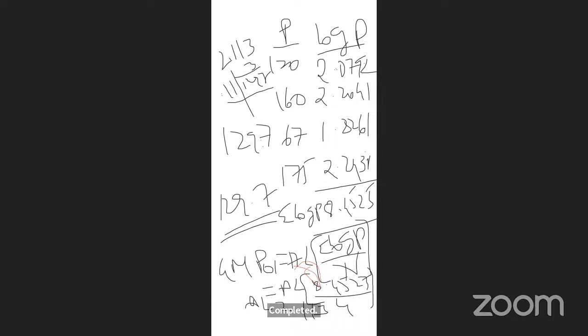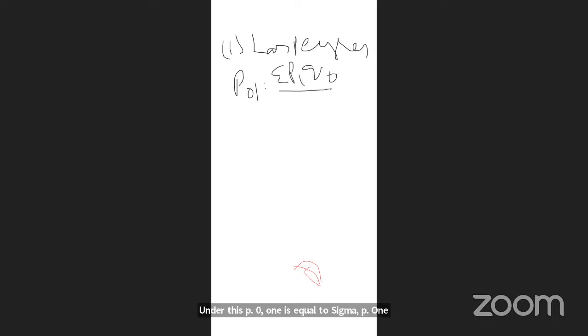I am rubbing this. We have weighted methods. Under the weighted methods, one is Laspeyres method. Under this, P01 is equal to sigma P1 Q0 divided by sigma P0 Q0 into 100.